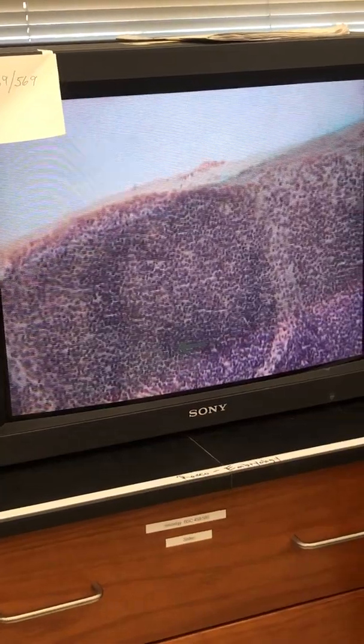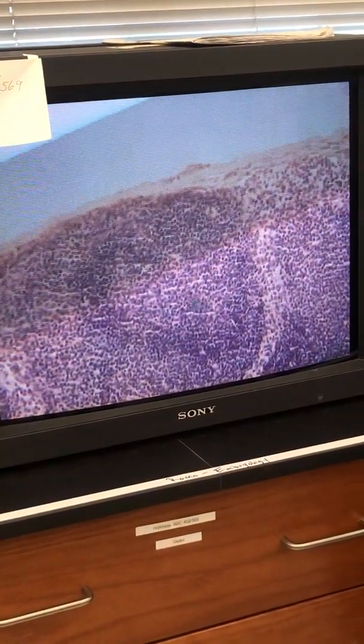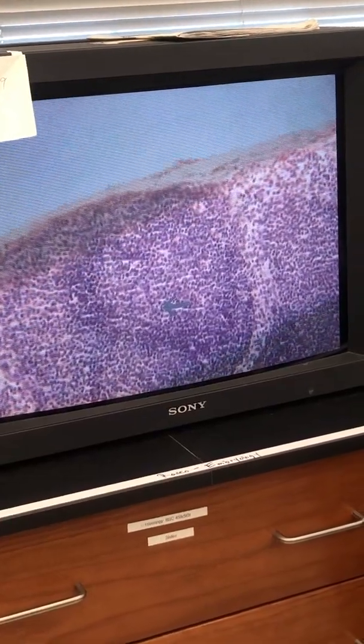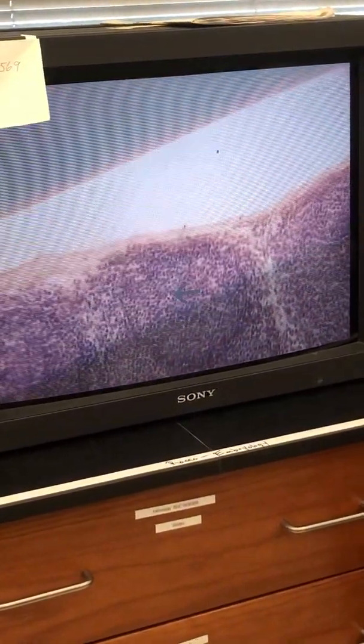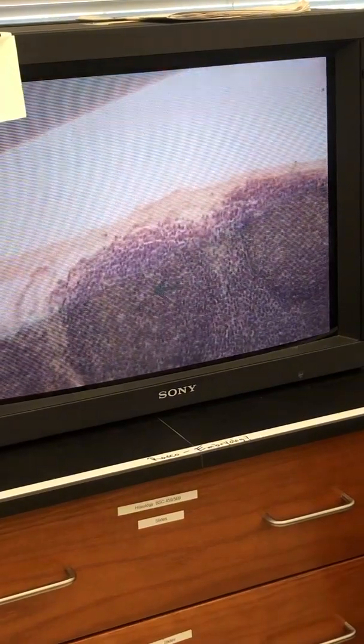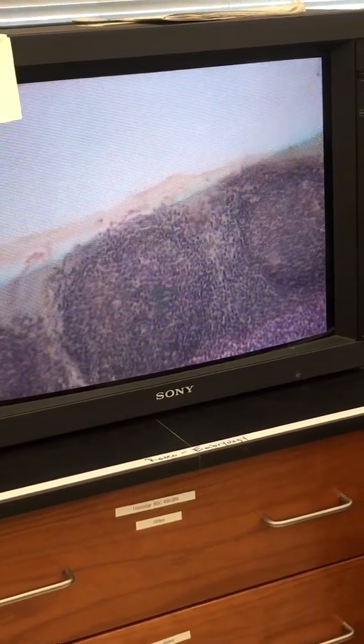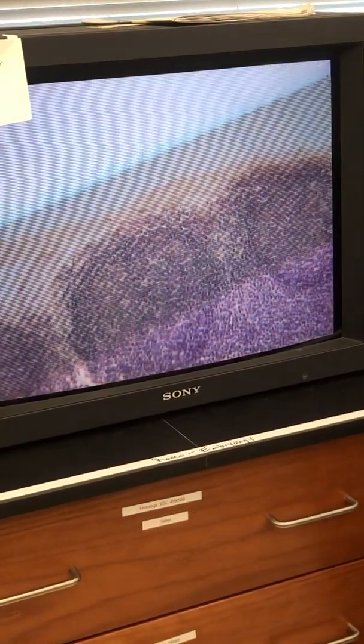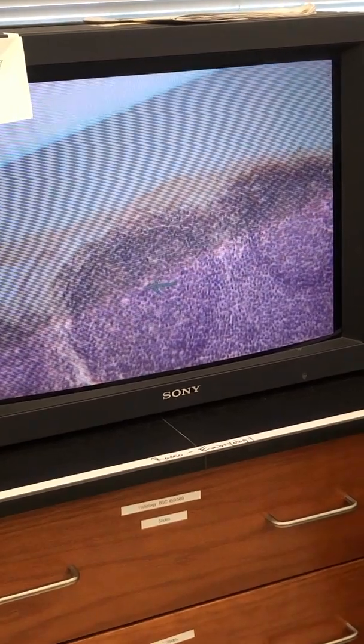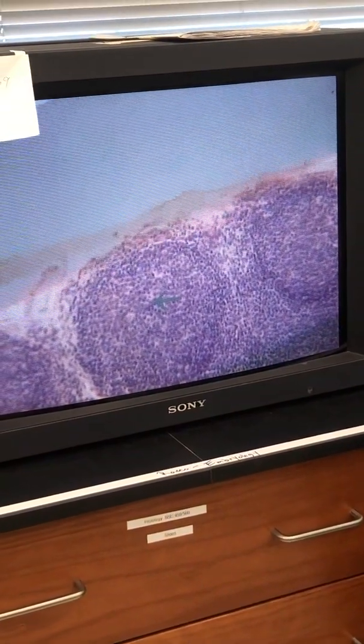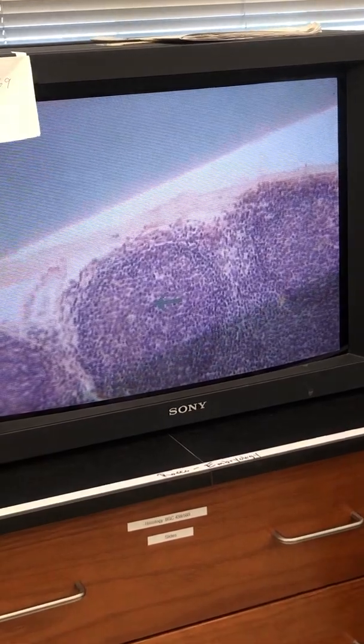There can be some intermingling, but normally you have T cells on the outside. The secondary nodule is this one, but this other one over here was primary. So the primary nodule has B lymphocytes, and the secondary has B lymphoblasts.